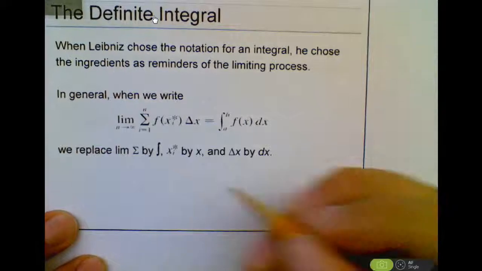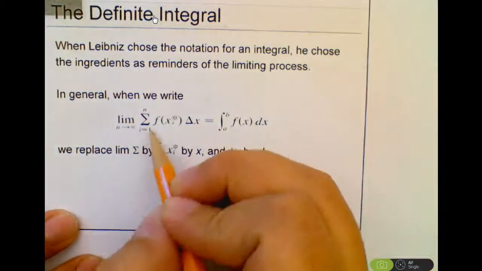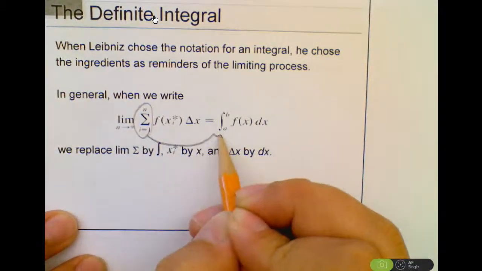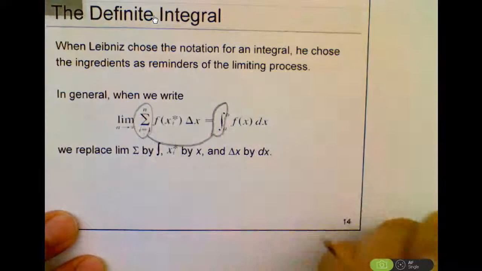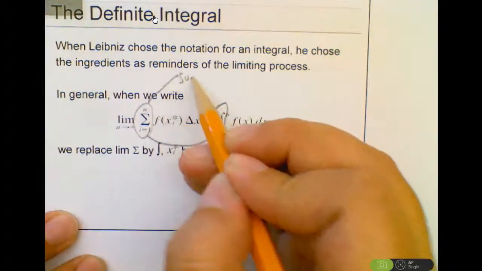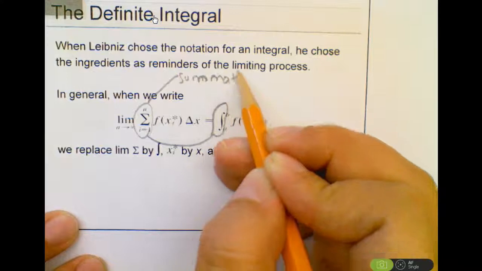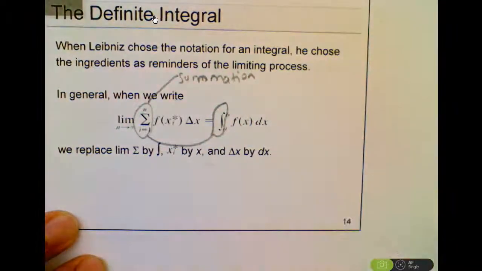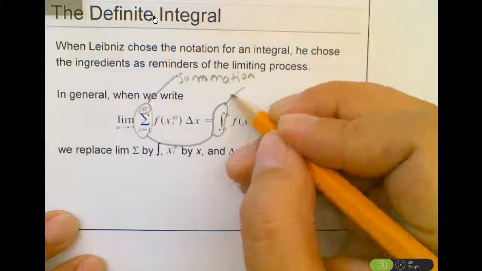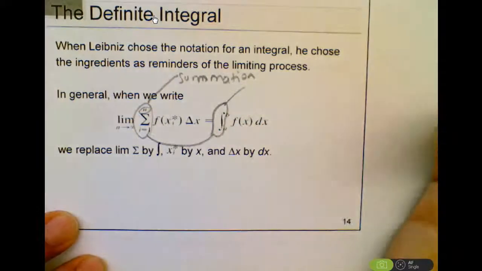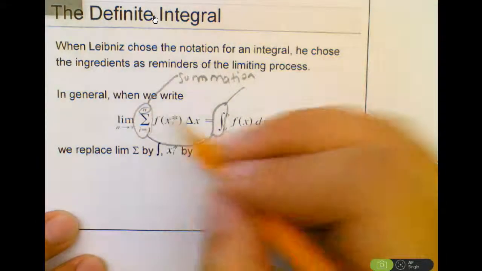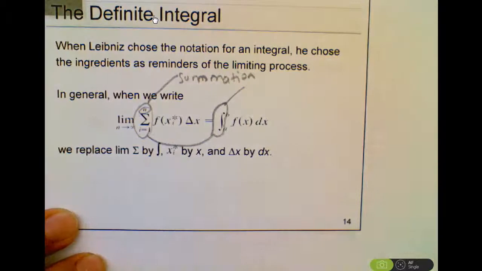Something that you should notice is that the sigma was replaced with the integral. If this is the summation of several items, up to n items, I'm adding n items. This will be kind of like a summation, but of not n items, but infinitely many.